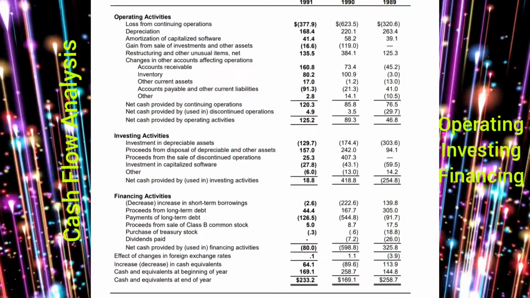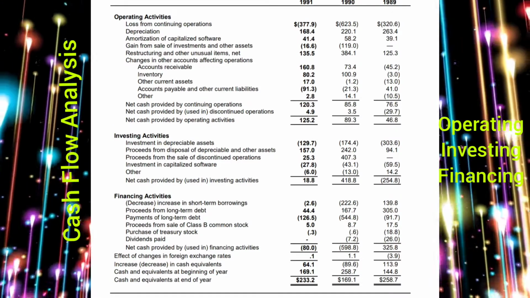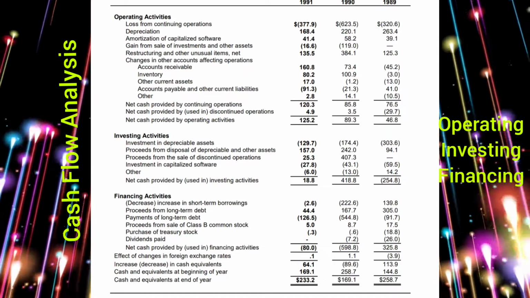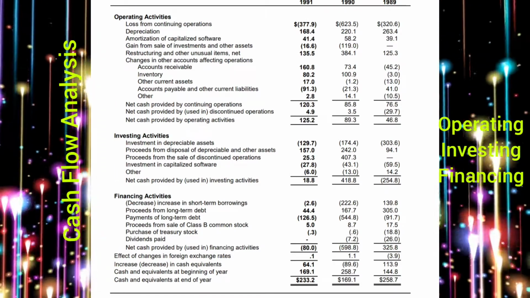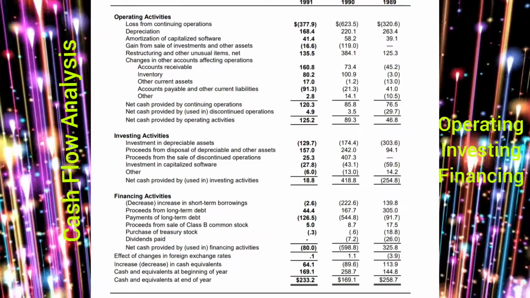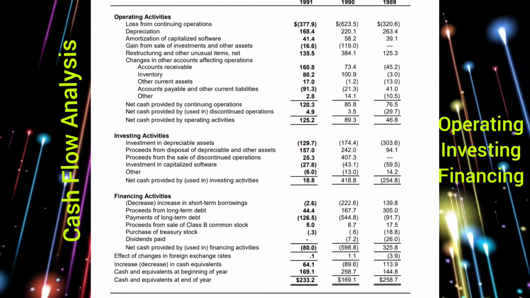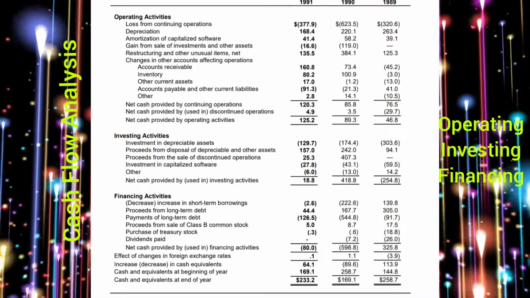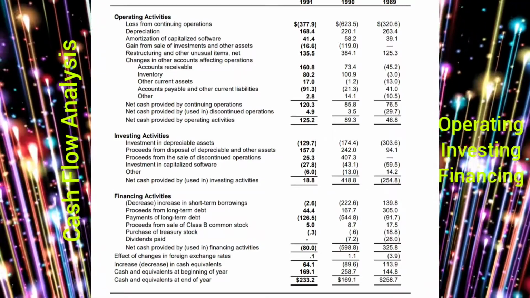One reason in 1991 is depreciation, then software amortization, then restructuring, then unusual items, then accounts receivable which is going down, then inventory which is going down. There are also some negative reasons in 1991, where accounts payable is down and loss on asset.